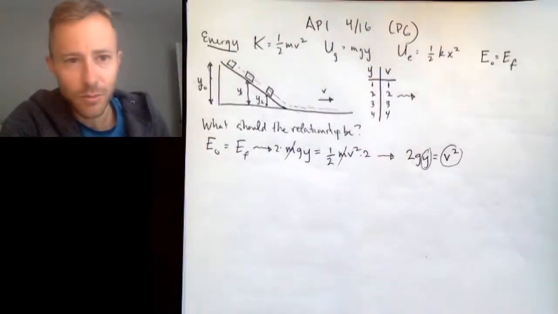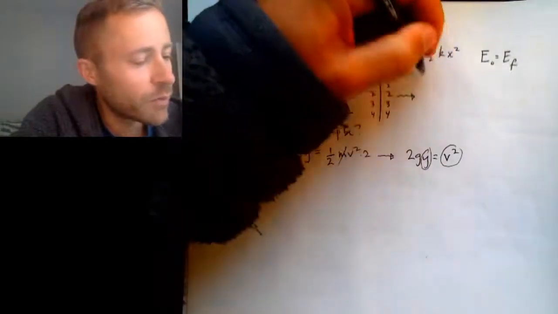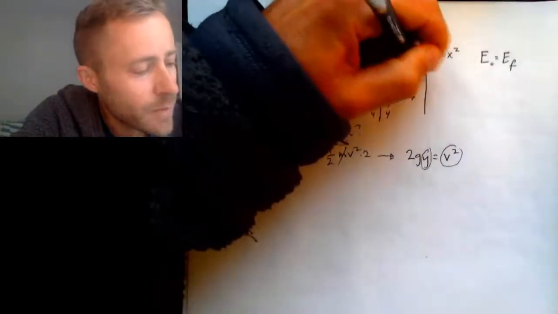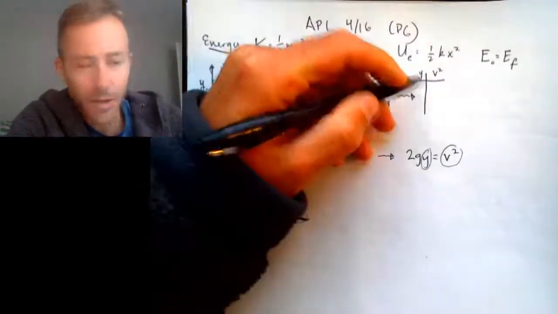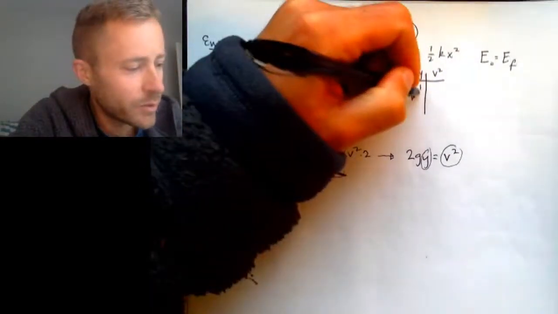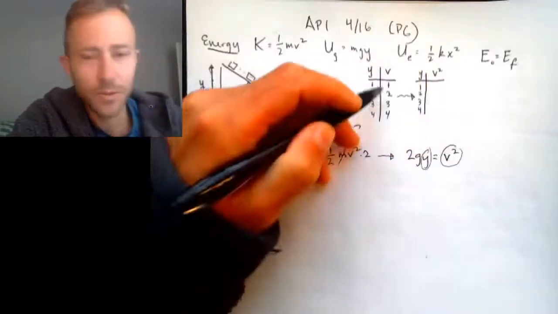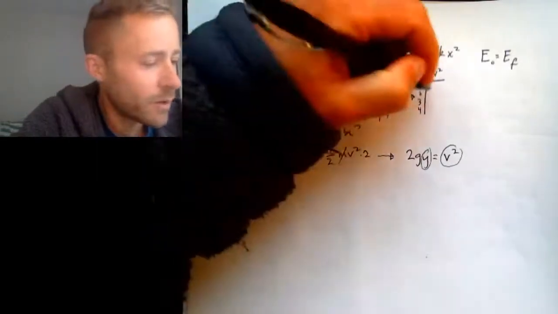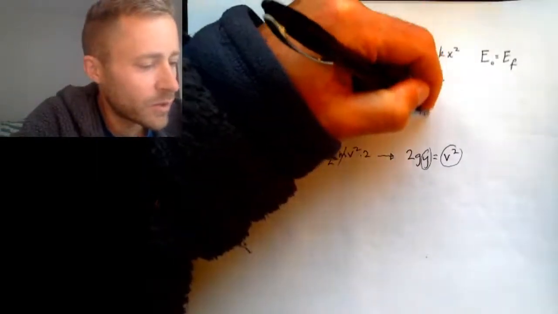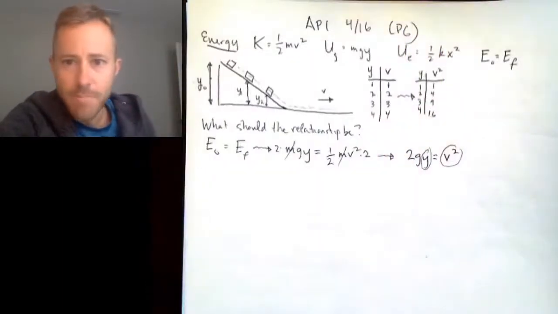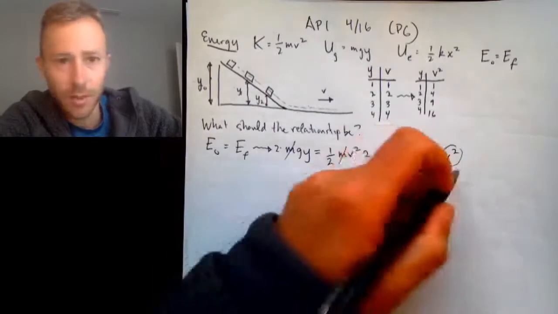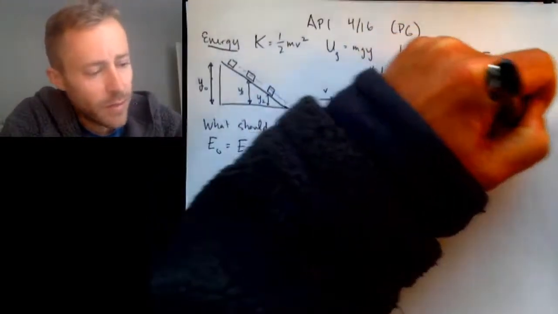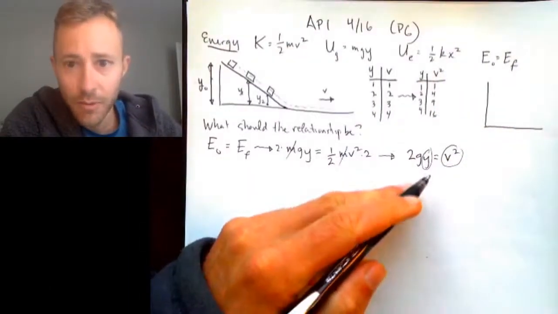This isn't real data. But I'm going to transform it into a data table of y versus v squared. I'm not squaring y, so I still have 1, 2, 3, 4. But I am squaring v, so I have 1, 4, 9, 16. I transform that data table because that is the way it appears in the equation. And that's also the way I'm going to graph it.